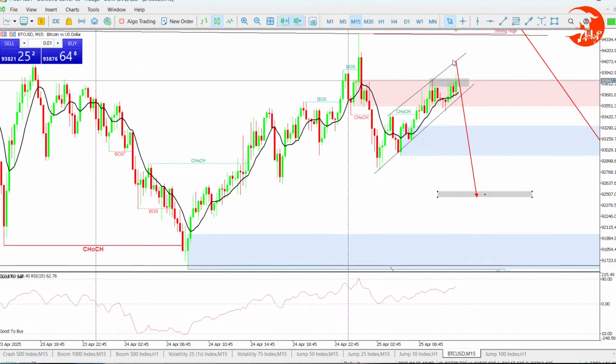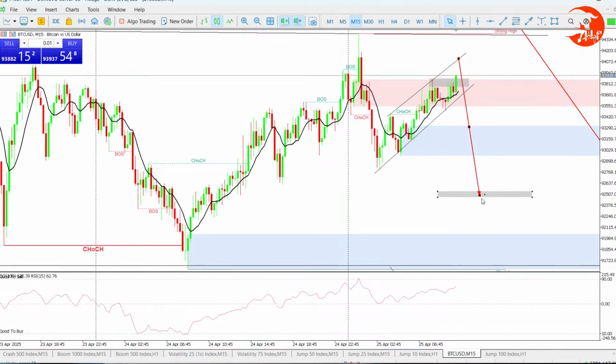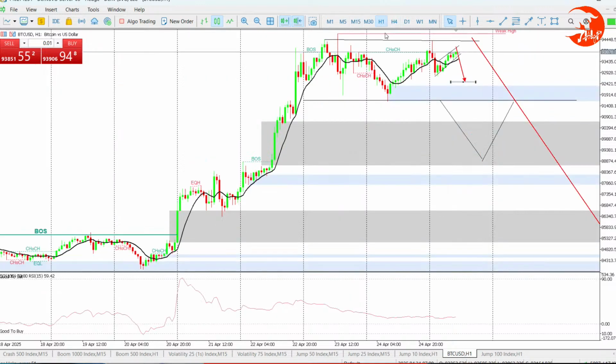Price is about to break out. So as I speak, around 3 p.m. we may see some breakout, and actually we may see some long moves to bring us into this area of 92k. What is significant about 92k? Let's look at that.